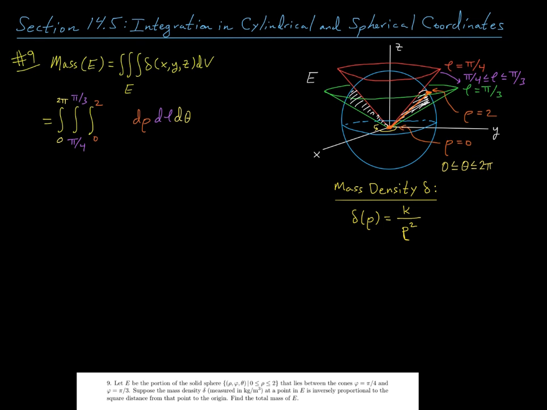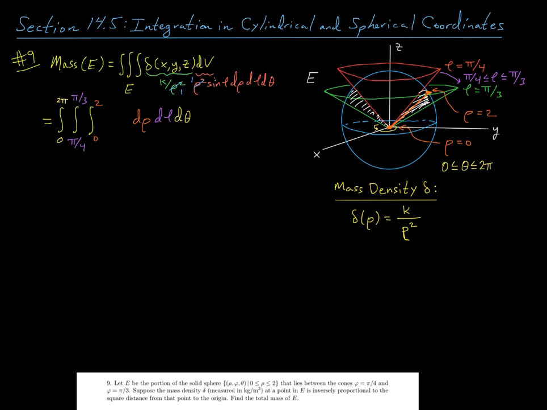All right, so now here's what we're looking at. Our delta is k over rho squared, and our differential volume element in spherical is rho squared sine phi d rho d phi d theta. And notice the rho squareds are going to drop out, which is quite nice.